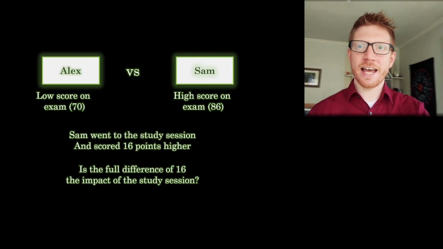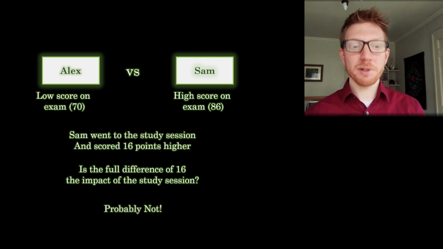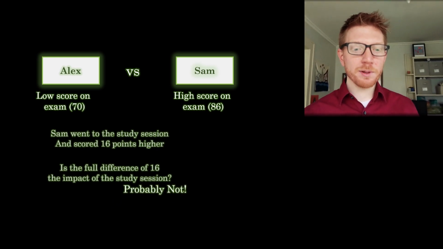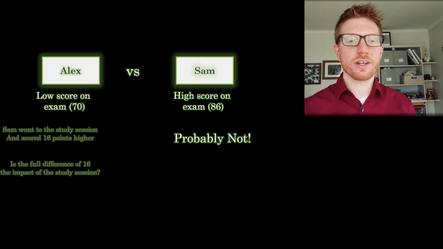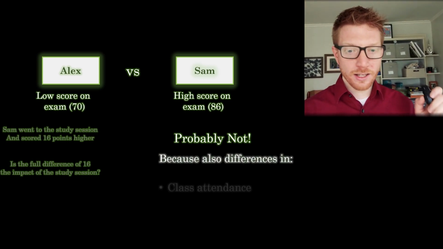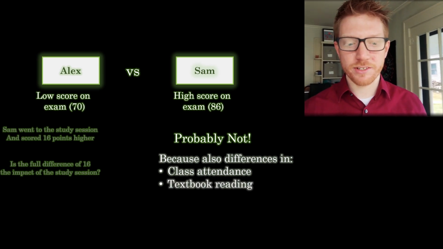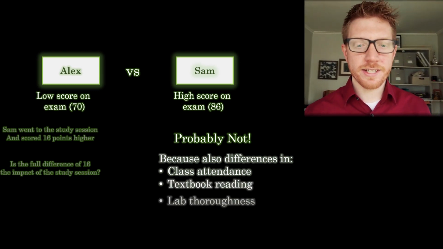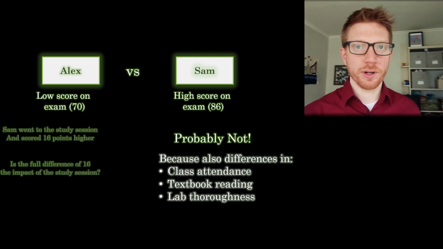Is this difference capturing the impact of the study session? Probably not, because of these other factors that are correlating with attendance at the study session. There are differences in class attendance. There are differences in how much they read the textbook. There are differences in how much effort they put into understanding the labs.